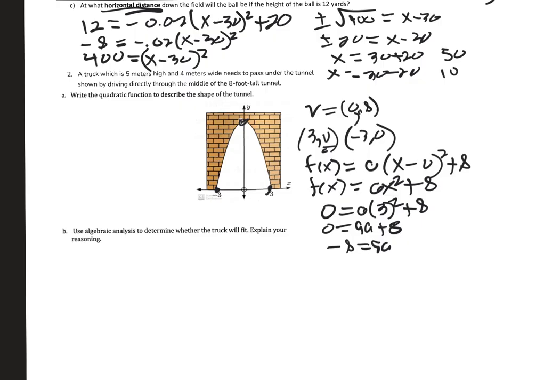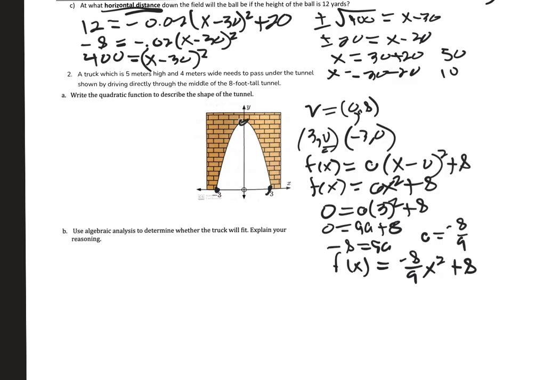And so A then is going to be equal to negative 8/9. And then we have our full equation, which is that f of x is equal to negative 8 over 9 x squared plus 8.